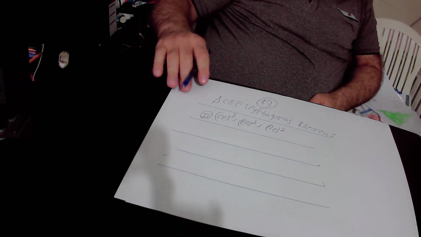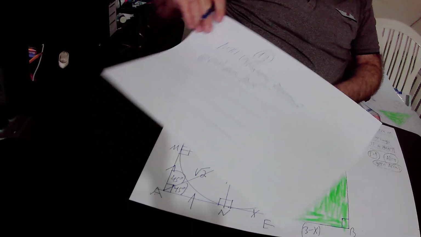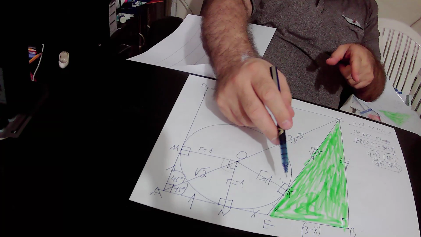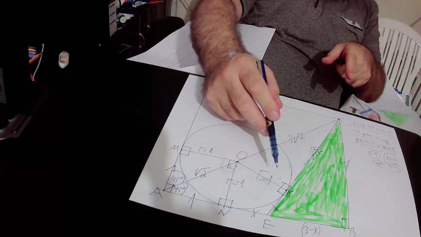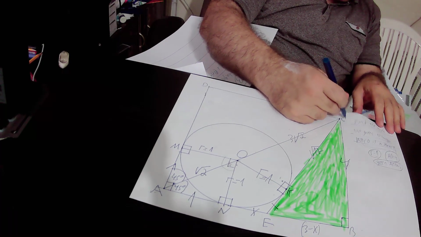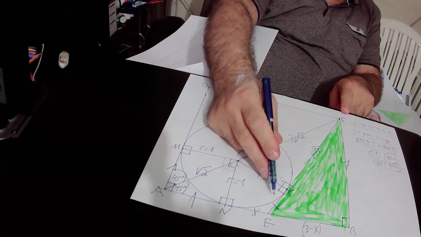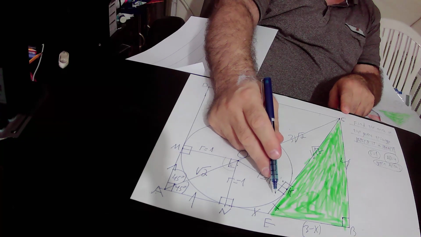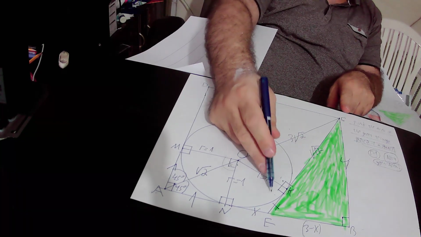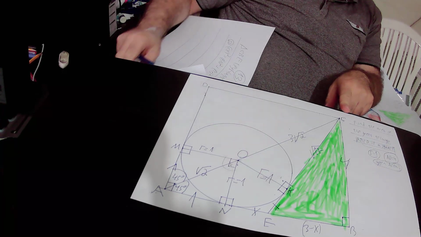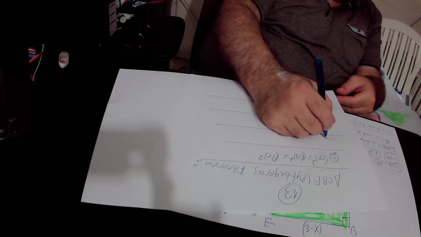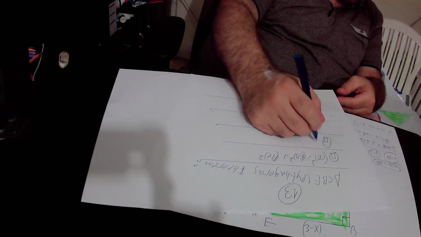We have already found the length of CE. As you can see from the drawing, the length of the hypotenuse of the green triangle, CE or EC, equals the square root of 17 plus x. So EC equals the square root of 17 plus x.